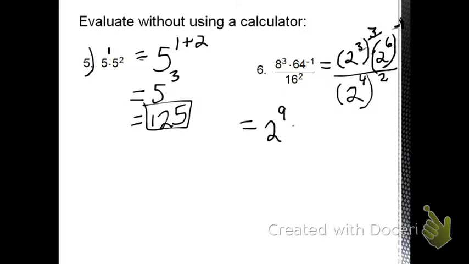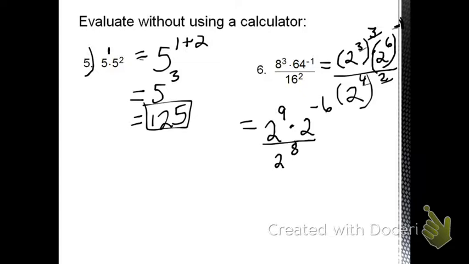Times, well, I have 2 to the 6th power raised to the negative 1 power. You multiply the exponents, so that becomes 2 to the negative 6th power. Divided by 2 to the 4th, squared. Again, it's a power raised to another power, so you multiply them together, and this becomes 2 to the 8th power.